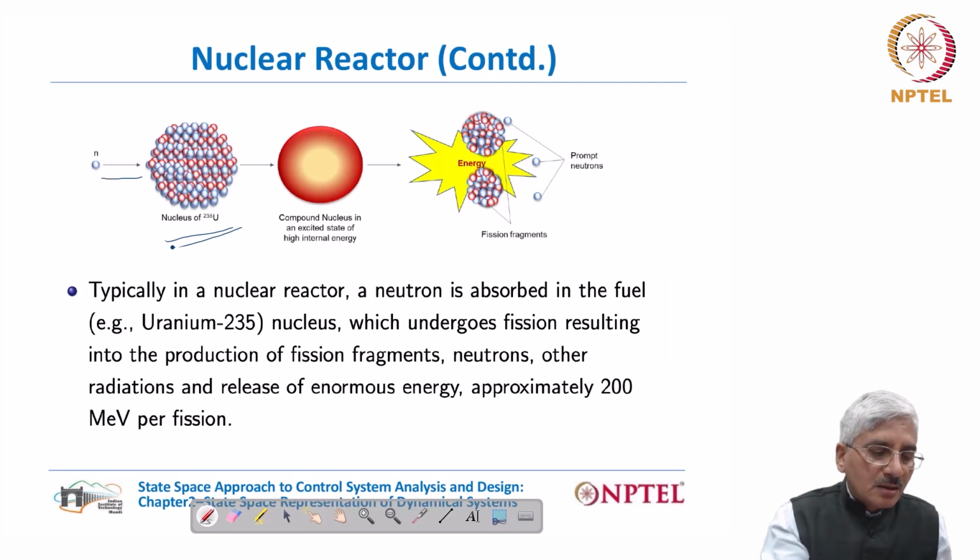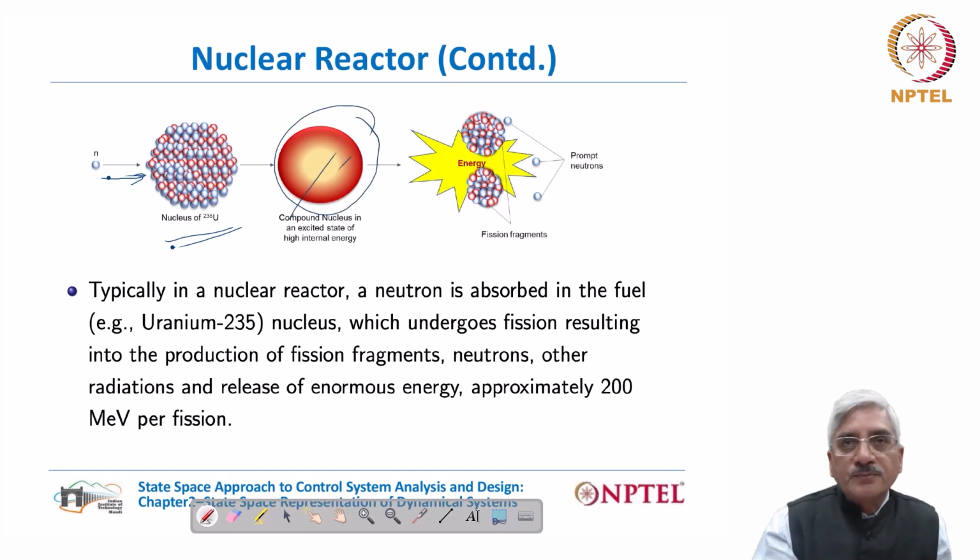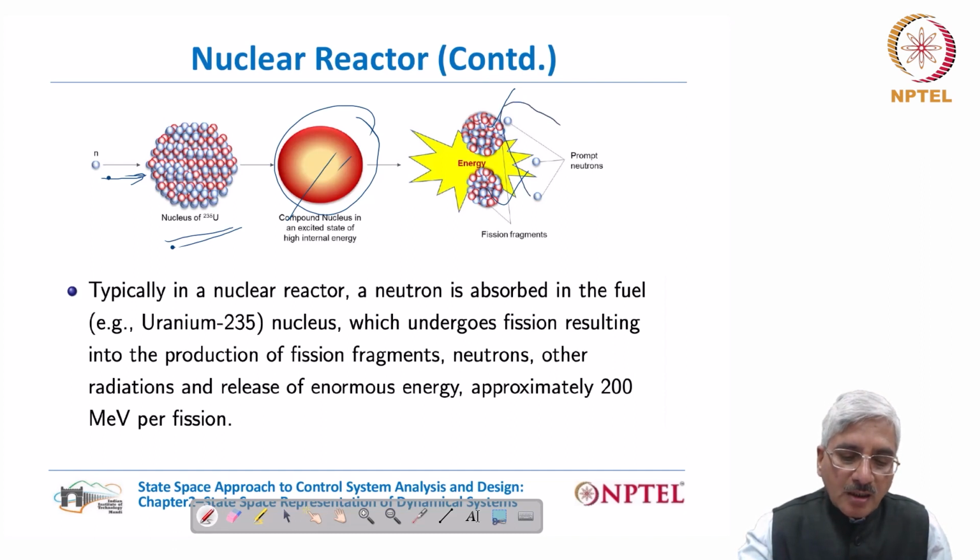On that, a neutron bombards, and there is a probability, so not all neutrons bombarded will get absorbed, but some of those who get absorbed, they will result into formation of a compound nucleus, and that compound nucleus splits almost immediately into two fission fragments or two lighter nuclei, and this is also accompanied with release of, in some events, 2 neutrons and in some other events 3 neutrons.